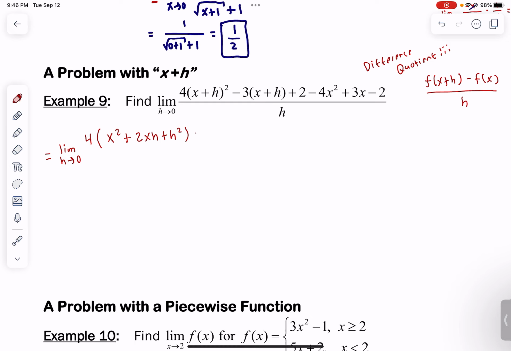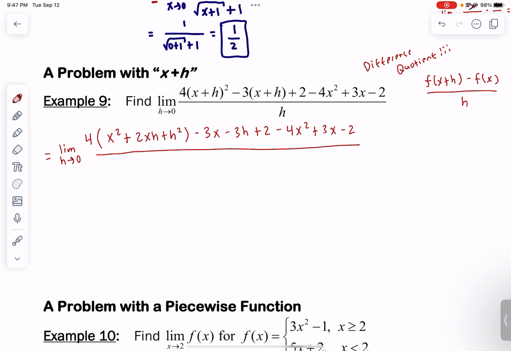Distribute the negative 3, so negative 3x minus 3h plus 2 minus 4x squared plus 3x. Sorry about that. Should just be plus 3x minus 2. All of this is over h.